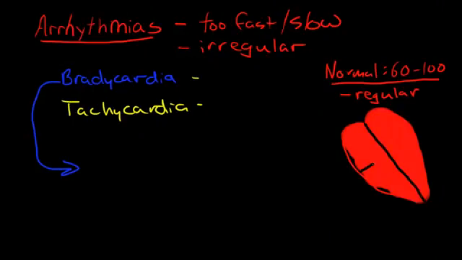Now, the right and the left sides of the heart are sort of divided by myocardial cells, and myocardial cells are conductile. So it is possible for conductile tissue to go between the right and left atrium and the right and left ventricles, and vice versa.